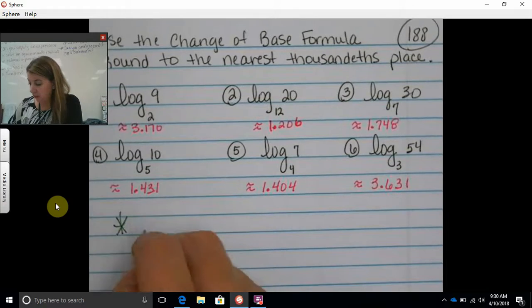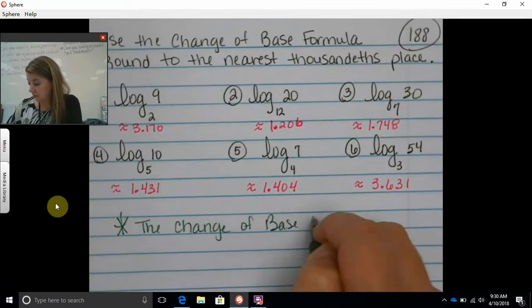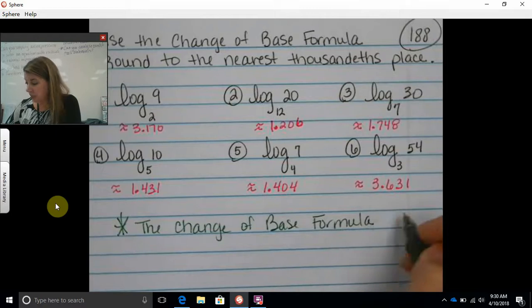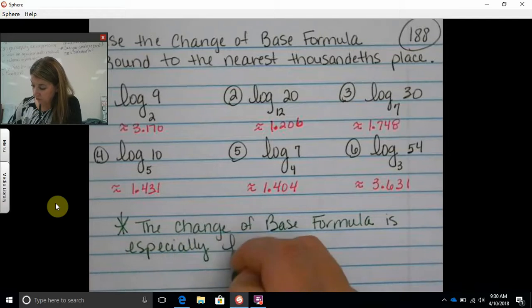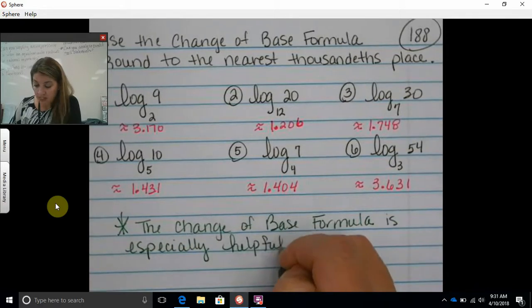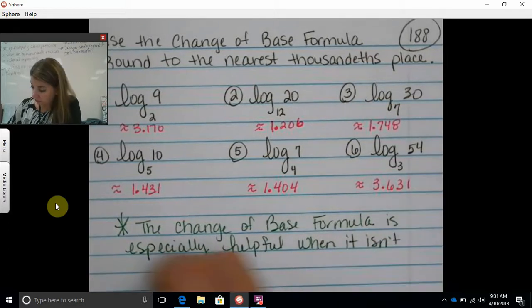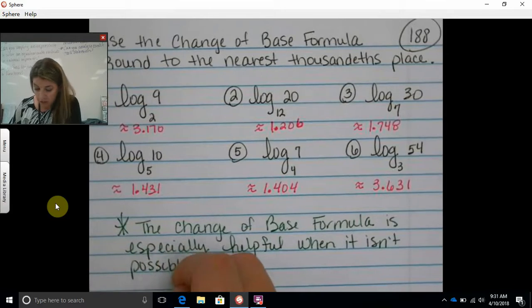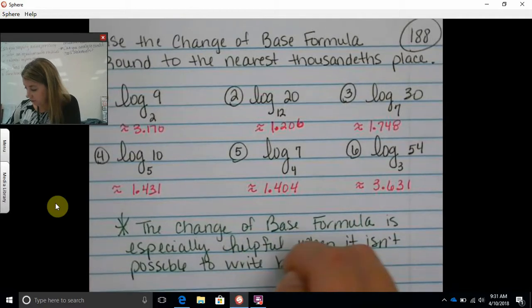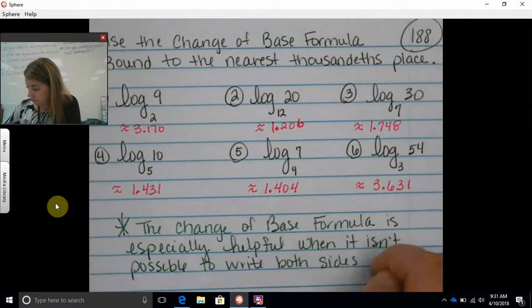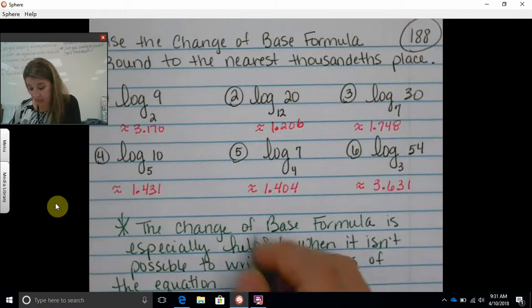The change of base formula is especially helpful when it isn't possible to write both sides of the equation with the same base.